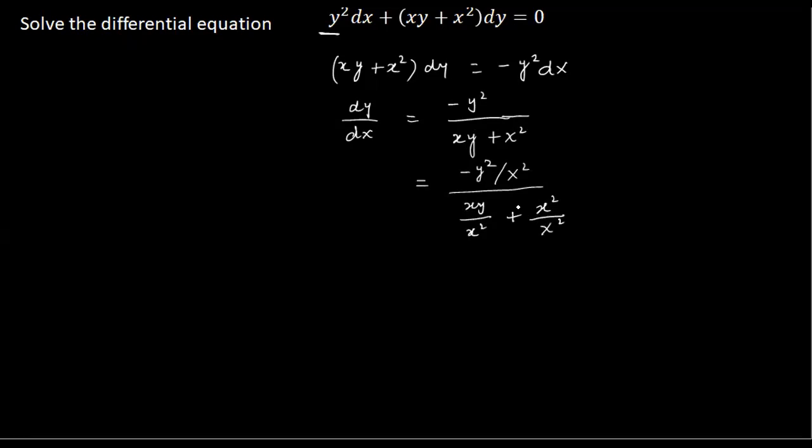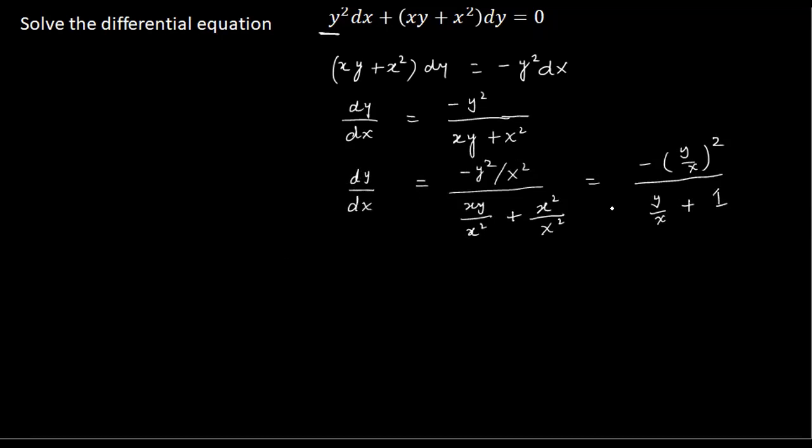What I'm doing here is simply dividing everything by x square, and we end up getting minus (y over x) whole square upon (y over x) plus 1. And this part is simply dy over dx.